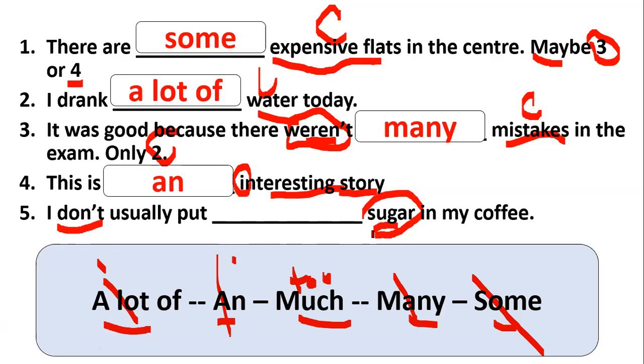Sugar, is it countable or uncountable? Uncountable. Exactly. Much, exactly, okay? Because it's negative. In this case, don't worry, because I included different things, like apartments, errors, but we need to be able to identify the countable and uncountable, okay?